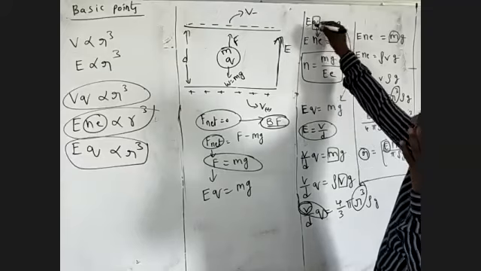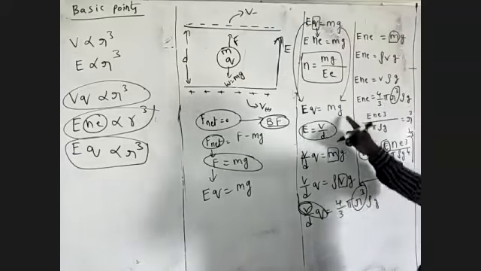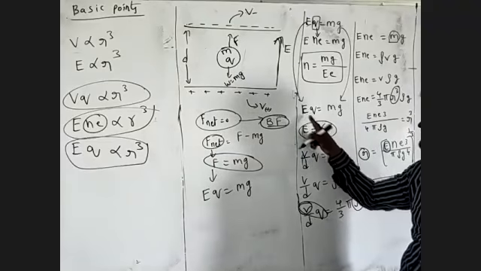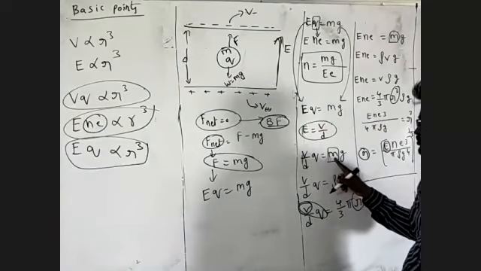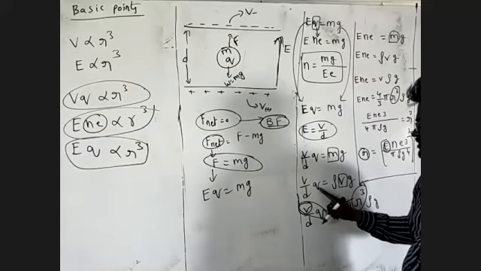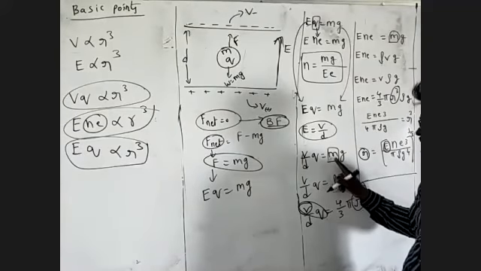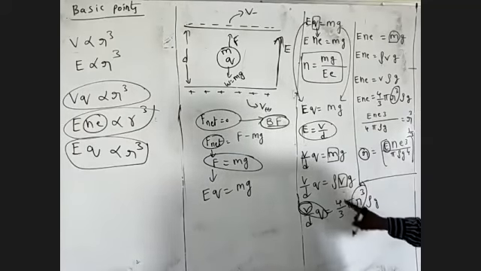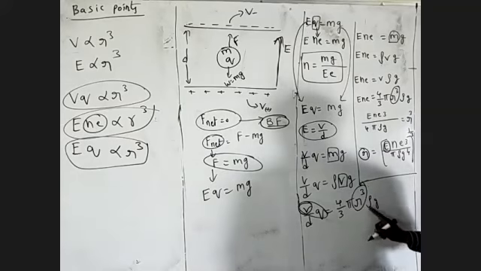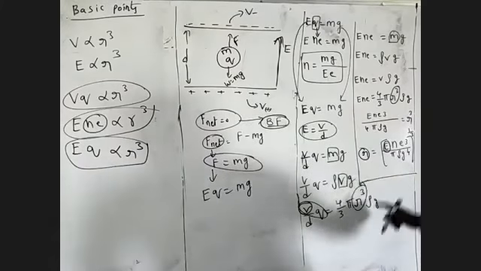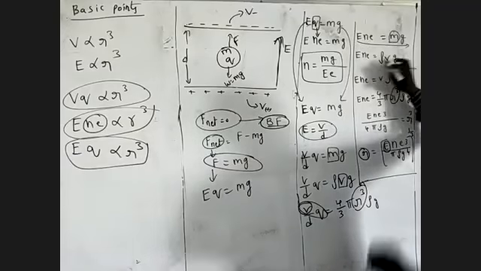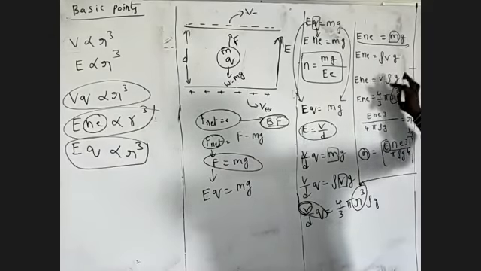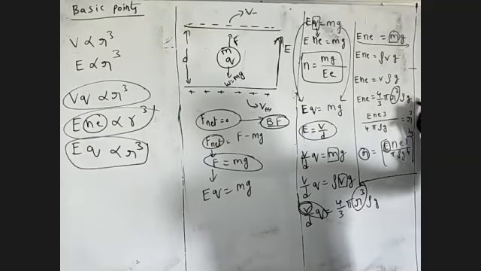Next, I'm taking EQ is equal to mg. E is equal to V by D, so V by D into Q is equal to mg, where density is equal to mass by volume, so m is rho Vg. The volume of the sphere is 4 by 3 pi r cube rho g. So E into Ne is equal to rho Vg, which is 4 by 3 pi r cube rho g.